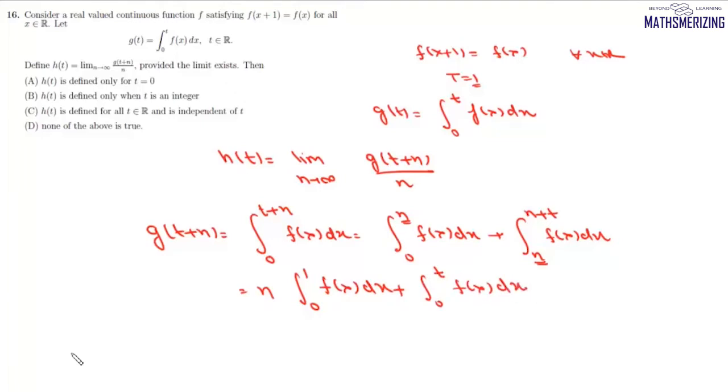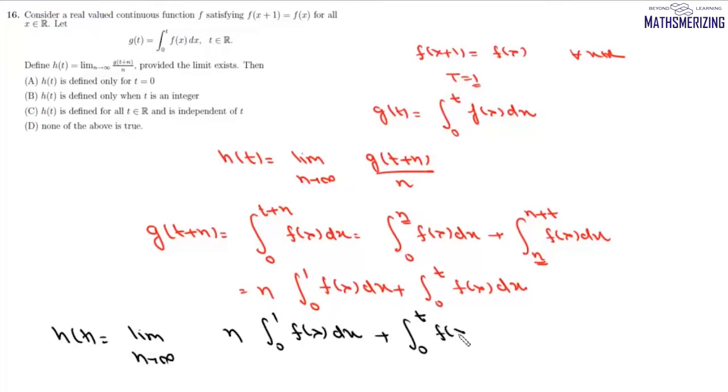So we can write this function h as the limit as n tends to infinity of n times the integral from 0 to 1 of f(x) dx plus the integral from 0 to t of f(x) dx, upon n.